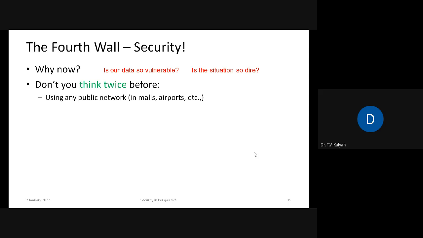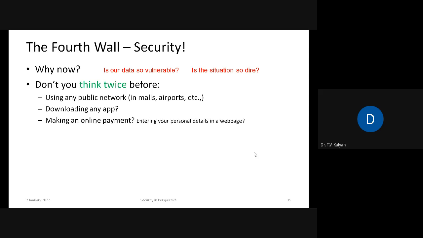We don't directly connect to it by default. We are skeptical that somebody might be supervising the data that we send and receive. And before we download any app, we check who the developer of the app is, how many people have used it, what the reviews are, etc.